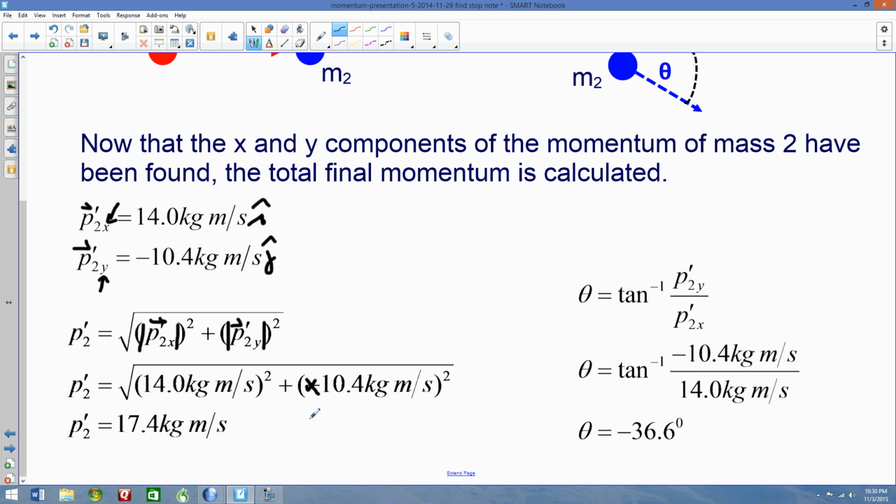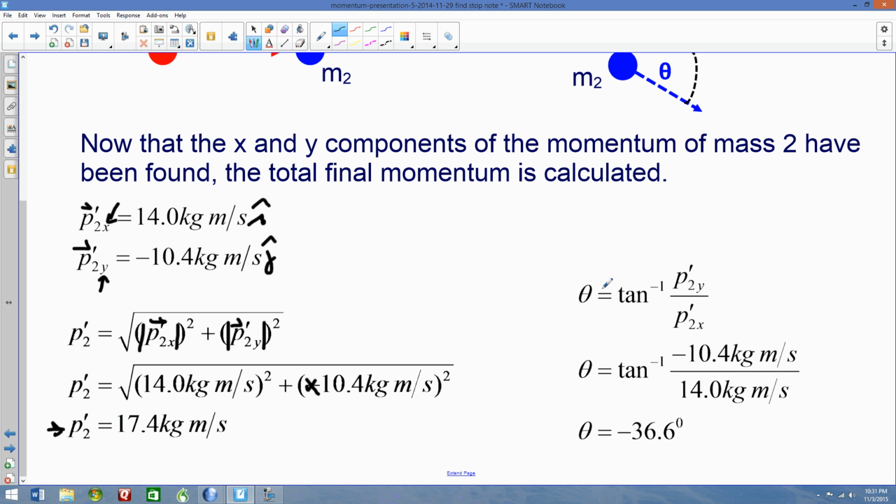That's true, but then it also leads to this misunderstanding that we're allowed to put vector quantities into these trig functions, which only look at the sides of the triangle, the lengths, not the directions. So it's just a conceptual understanding thing there. Okay, so the magnitude is going to be 17.4 kilograms meters per second. Notice no direction, don't put it.